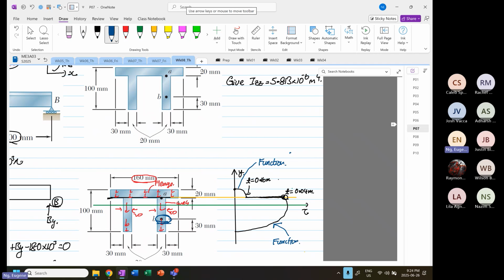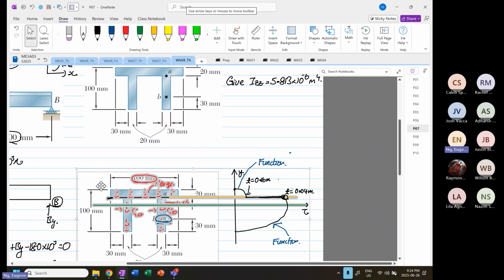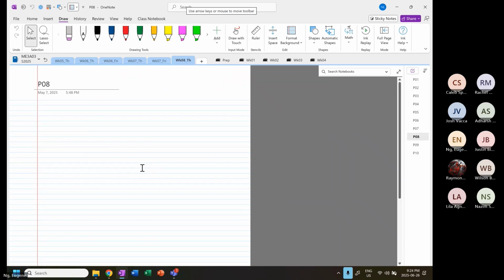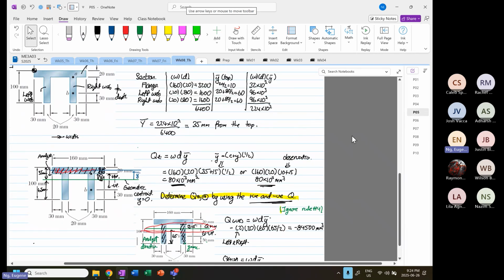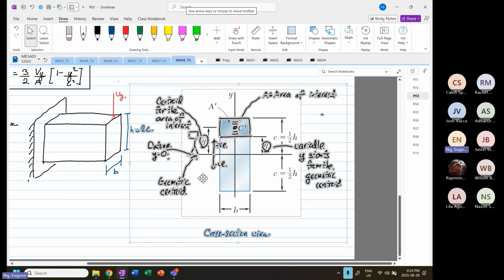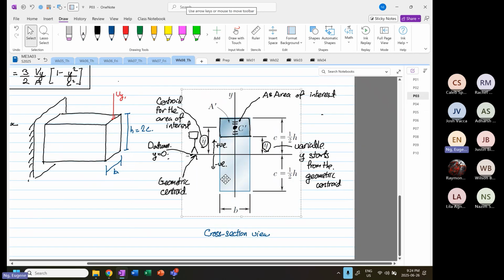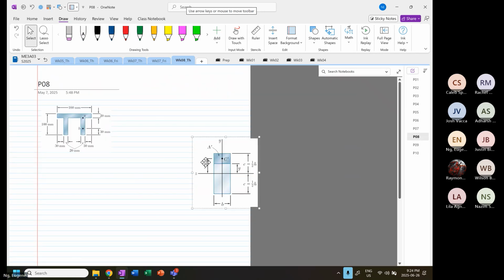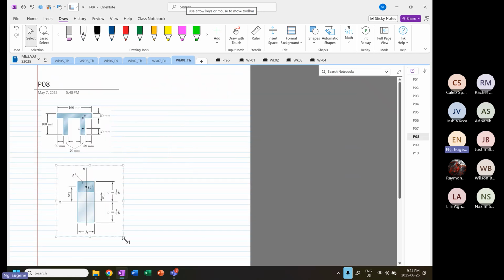So I'm going to get this diagram, and we are going to derive the function. Now, deriving the function, we've done it before. We are going to apply what we have learned from this diagram.